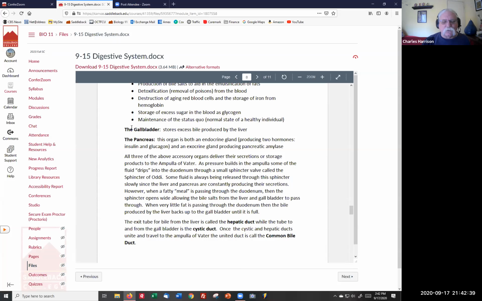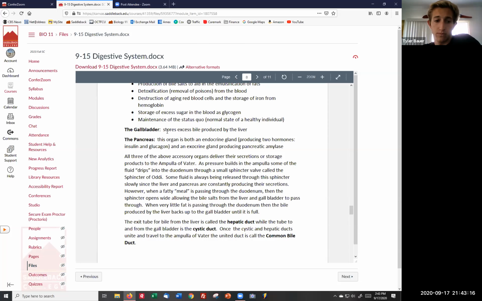Excess bile is stored in the gallbladder. When the gallbladder fills up, any more bile that the liver forms, and you're still not eating fatty foods, it is going to do what? The pressure inside the gallbladder, the pressure inside the liver of making more fluid, the bile that is not needed, would be overwhelming.